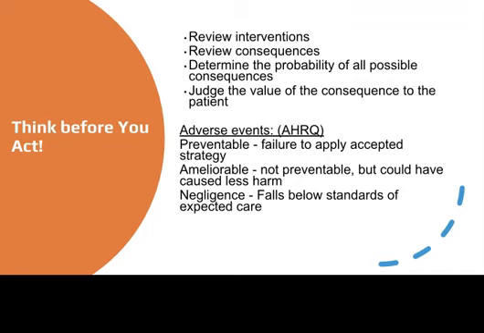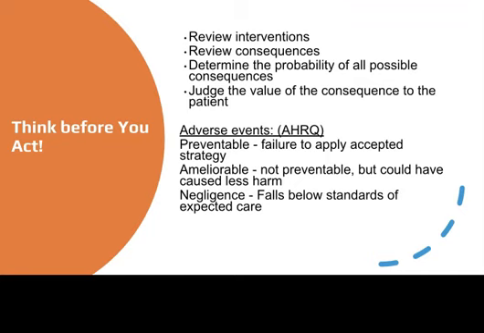Then we have ameliorable adverse events. Those that, while they're not preventable, could have caused less harm if it was done differently. And that's an important aspect of it too, whatever intervention you do, yes, maybe there was going to be harm, but the harm would have been less if you did it differently.